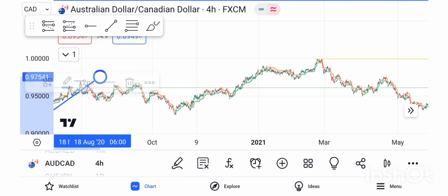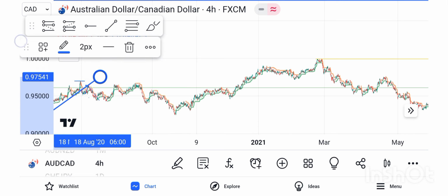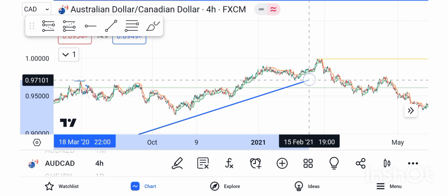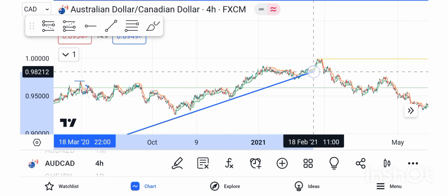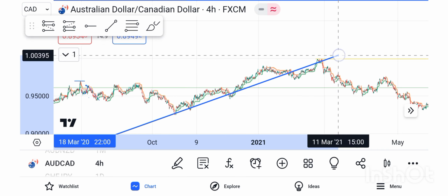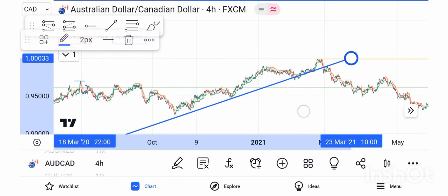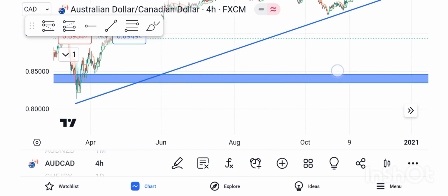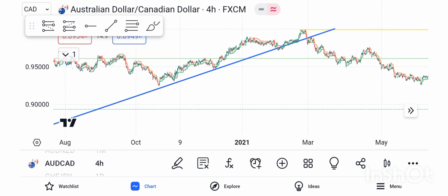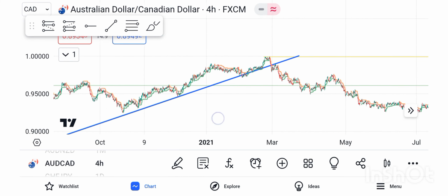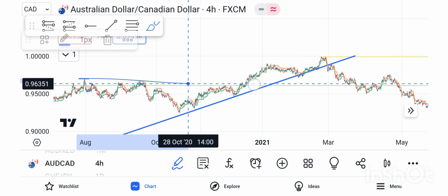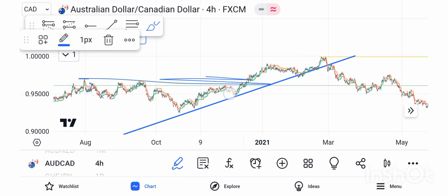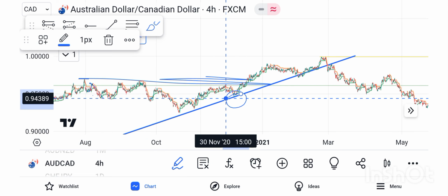Okay, so we'll adjust the trend line like so to accommodate the new structure. Remember, it's still starting from the bottom up to this area. It broke here, and this is the previous swing low it created, so we'll just connect the dots.